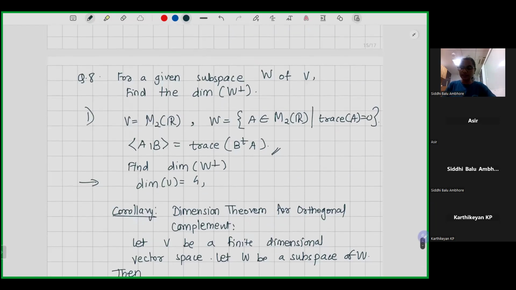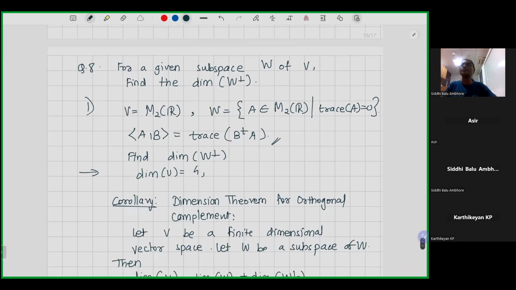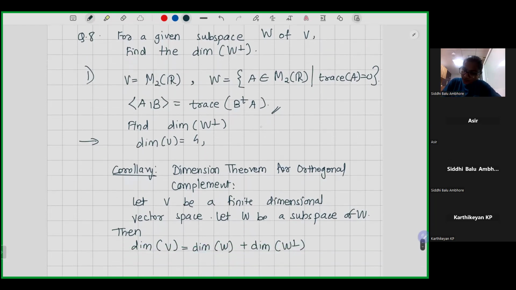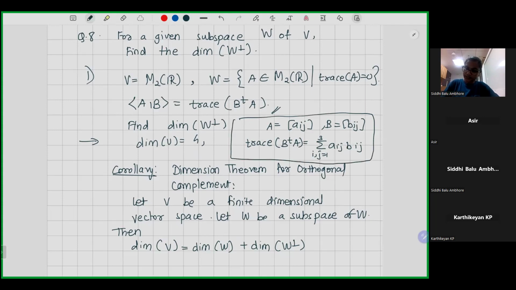For example, in this case, finding the trace of B transpose A: if A is Aij and B is Bij, then the trace of B transpose A is the summation of Aij times Bij, for i, j from 1 to 3, which is something very tedious to deal with.